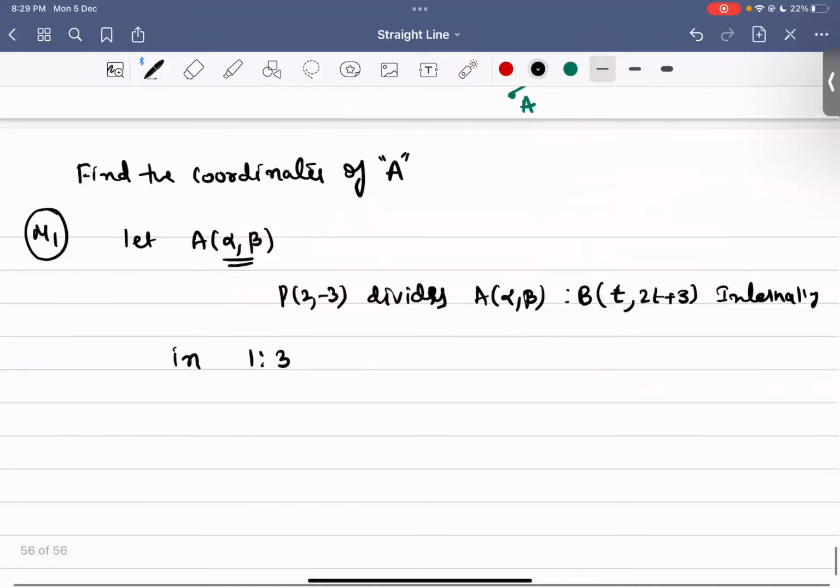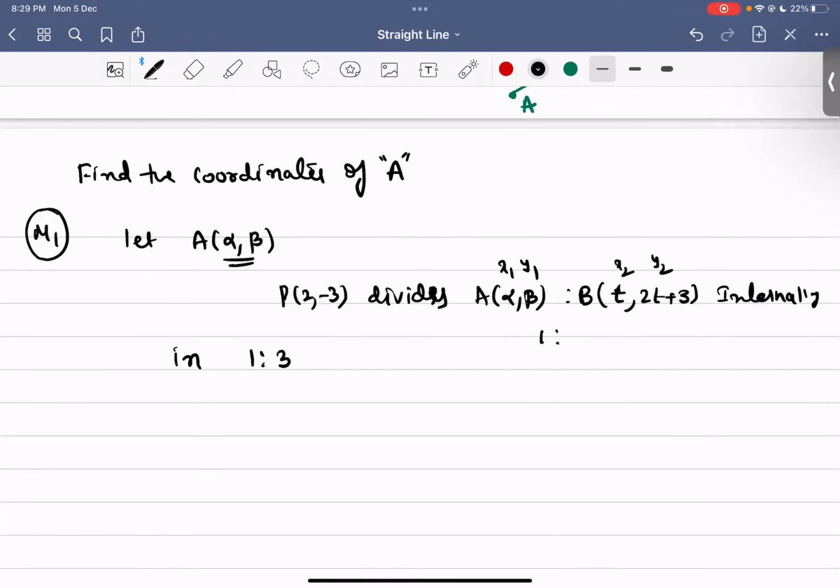So the internal division formula, if you put, this is x1, y1 and x2, y2, ratio is 1:3, is (mx2 plus nx1) by (m plus n).